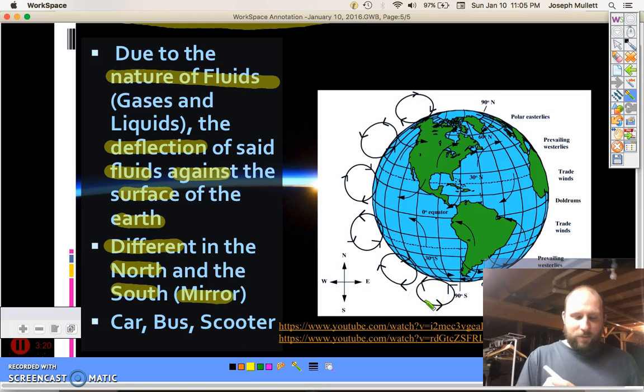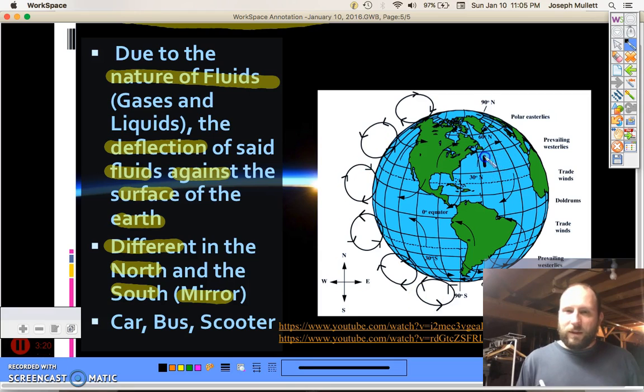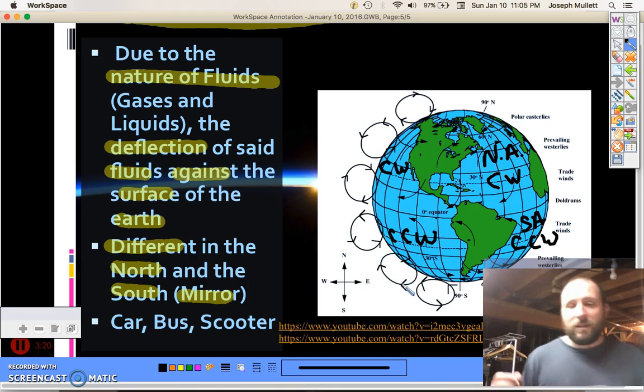I'm just going to mention here that the North Atlantic moves in a clockwise pattern, while the South Atlantic moves in a counterclockwise. Note the Pacific, you've got a clockwise in the north and a counterclockwise down in the southern Pacific. And this is just how things roll. You're going to find this in the north and the south just that way.